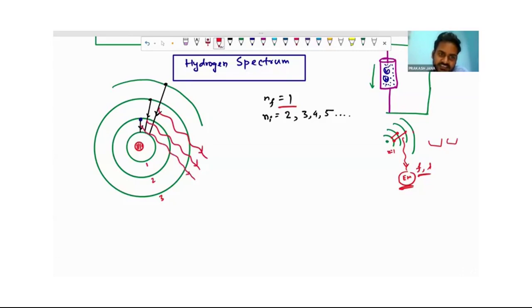All the transitions, electromagnetic radiation will come, and these radiations are known as the Lyman series. To be very precise, we'll write how. First, we'll discuss the Lyman series. So this is a series of some wavelengths when the electron jumps.